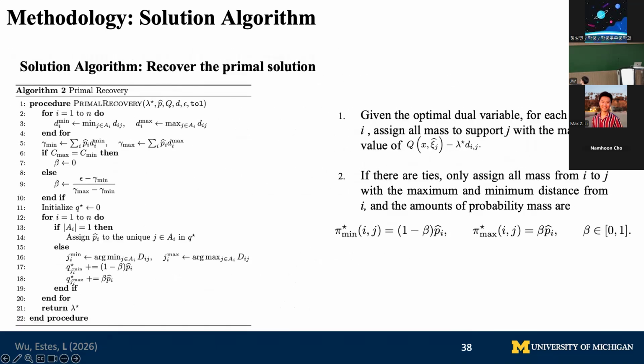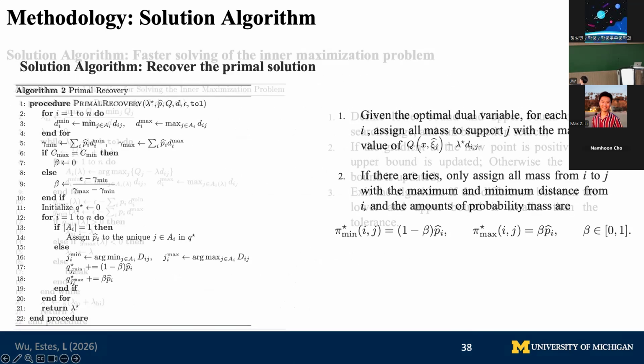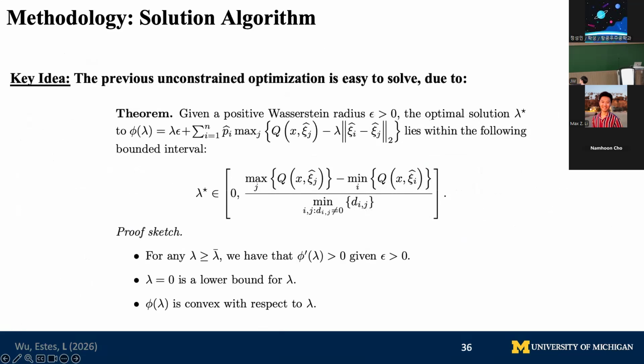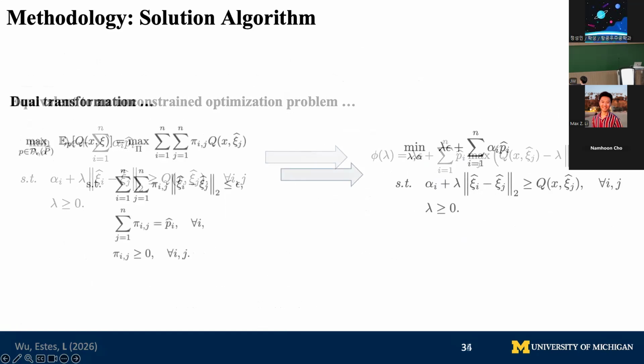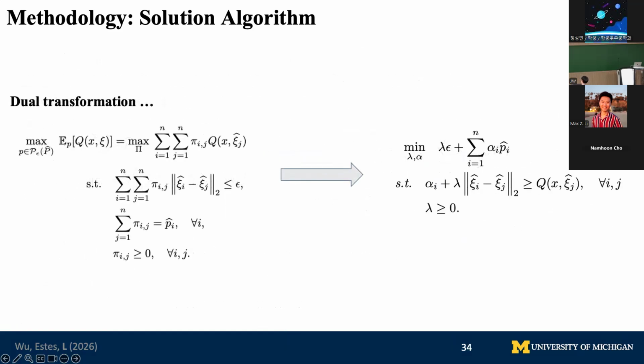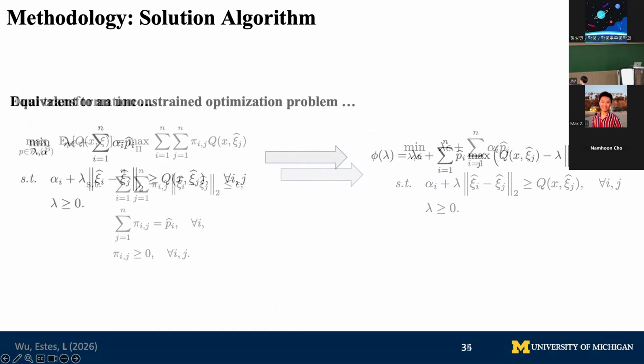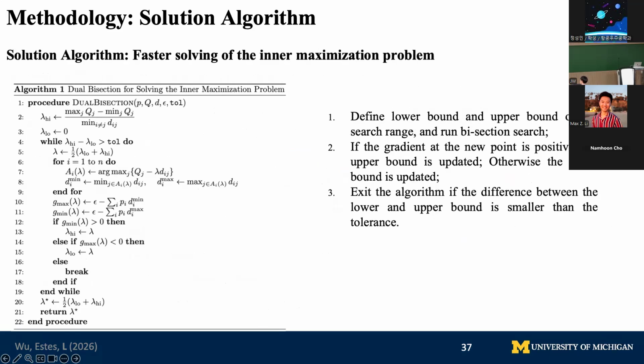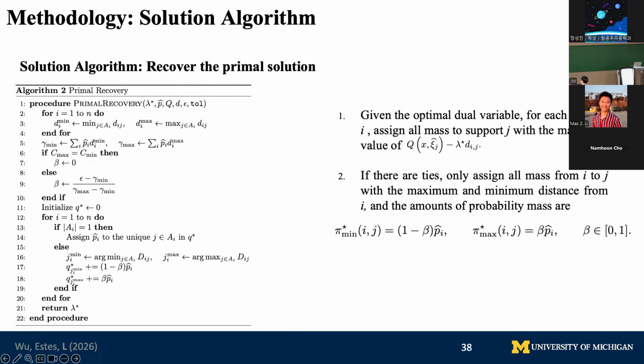What I'm going to skip, though, is this: after you solve this, remember, you have a solution to the dual, but you don't have a solution to the primal. So you have to do what's called a primal recovery step, which is how you take the dual solution and map it back to the primal.